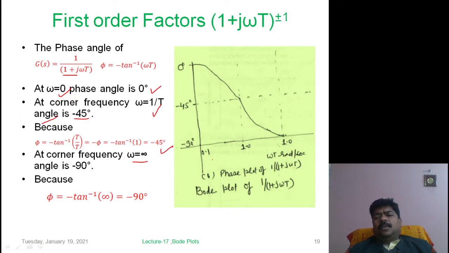Here, for the phase, say at this point it is 0, then at this point this will be omega equal to 1 by T, and at this it will be 10 by T. So like this, at very high frequency, it will continue to the minus 90 degree.